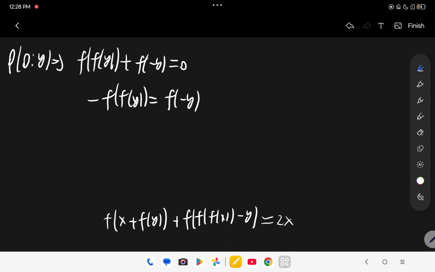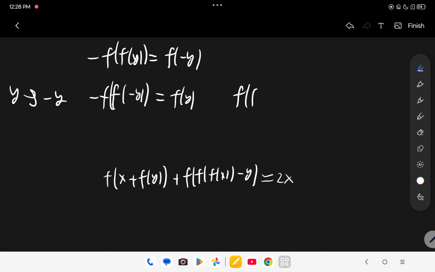So let's replace y with minus y, and we get that minus f(minus y) equals f(y). And this is the same as f(minus y) equals minus f(y).